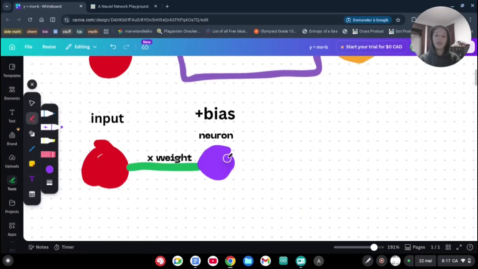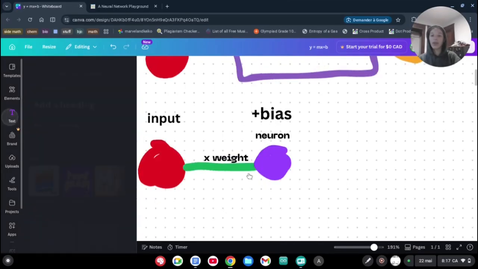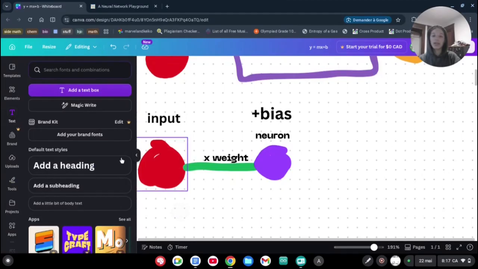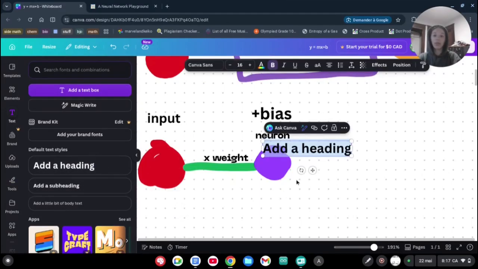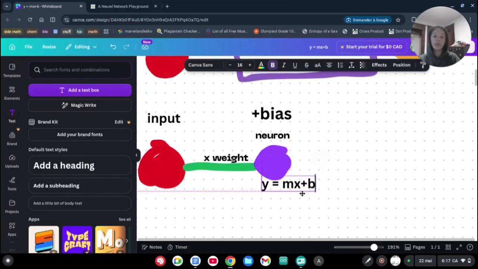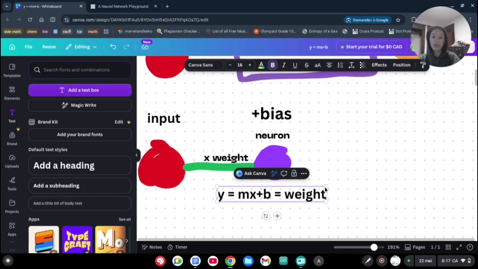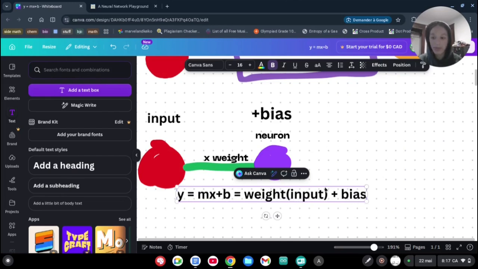This is because if you just look at what we've done here, it's just a linear function. We have y equals mx plus b, right? In other words, it's weight times input plus bias. This is just a linear function.